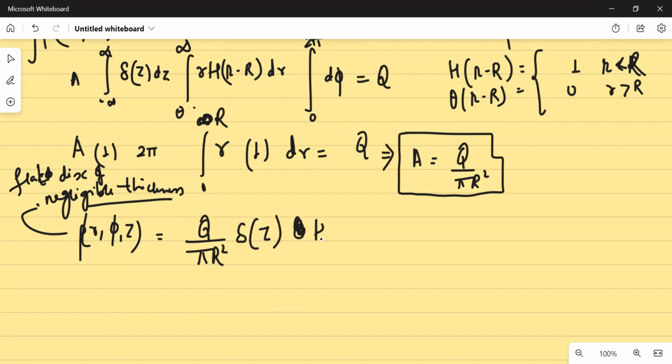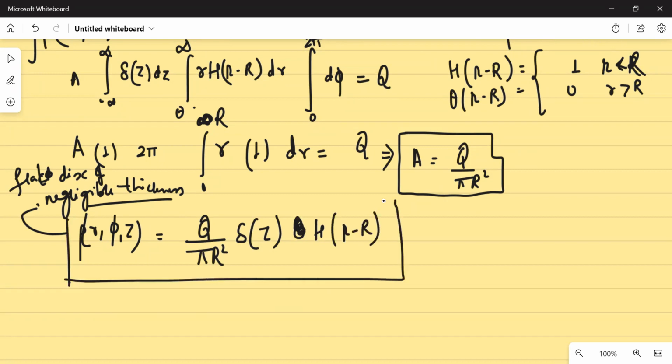Oh, sorry, I have written Heaviside function (R minus r). So this is how you are going to write your volume charge density. Earlier, like in childhood, it was fine, the vehicle was running with Q upon pi R square. But now if somebody asks you what would be the volume charge density, this will be an appropriate description of the volume charge density in cylindrical polar coordinate system. Is that clear?